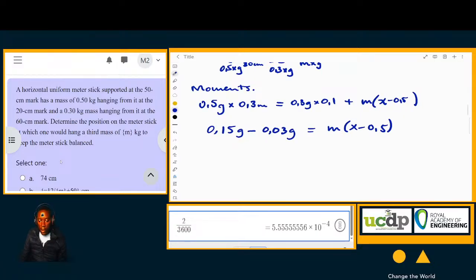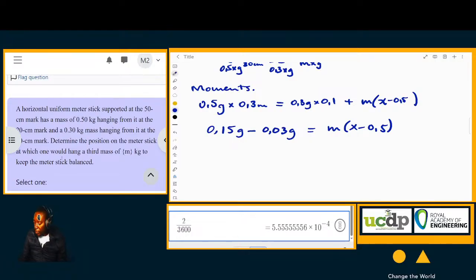Okay, so because we know the value of g, we can calculate 0.15 minus 0.03, multiplied by g, equals m times (x minus 0.5).